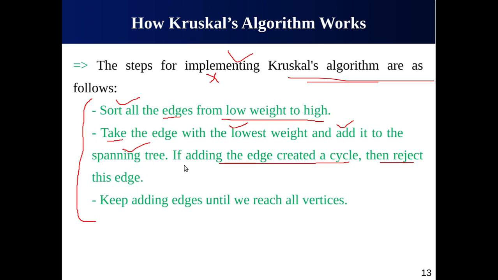And then you have to continue repeating the step, adding edges until we have covered all the vertices, until the graph is connected, fully connected, all the vertices are accessible. If we reach this condition, then it's time to stop. This is how we can actually implement the Kruskal algorithm.